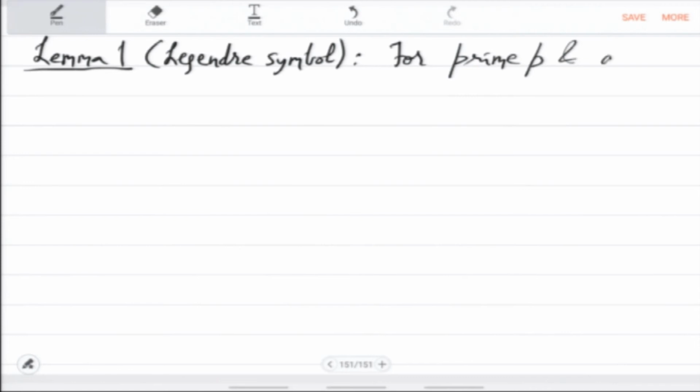So let us recall what we call the Legendre symbol. For prime p and an integer A, I think we saw this, the Legendre symbol A by p is A raised to p minus 1 by 2 mod p.